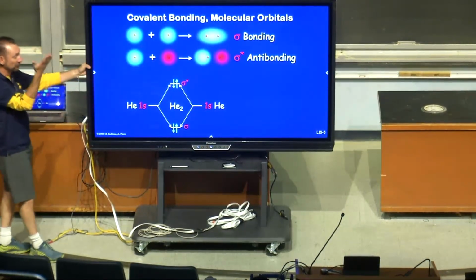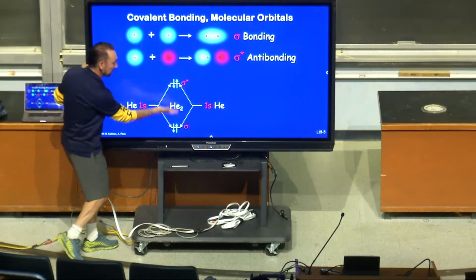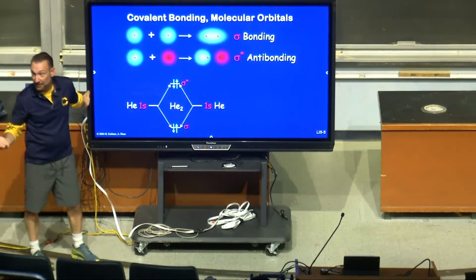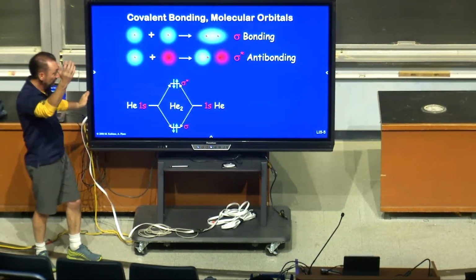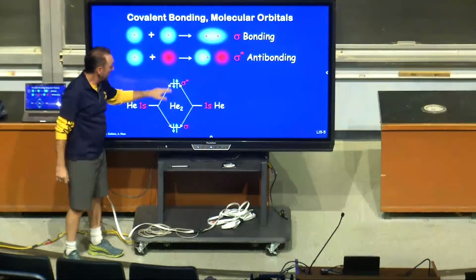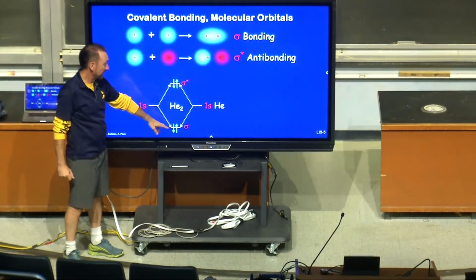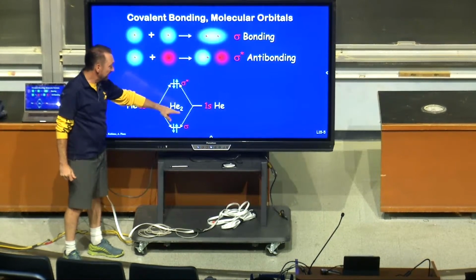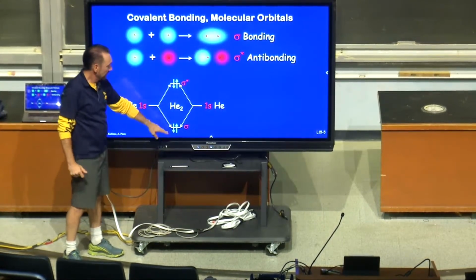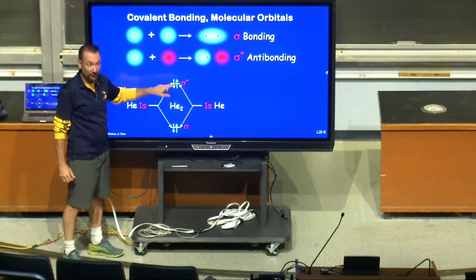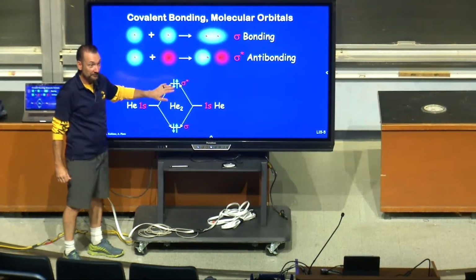I'd have to use my rules for filling molecular orbitals, the same rules I would use for filling atomic orbitals, and I would say, oh, well, that's not going to work. He2 is not very favorable because you form this antibonding orbital as well.